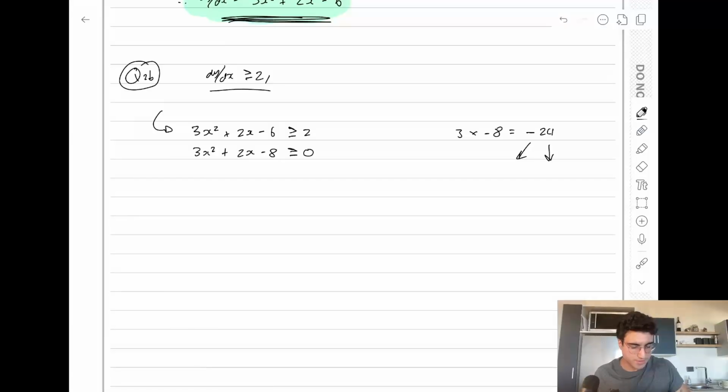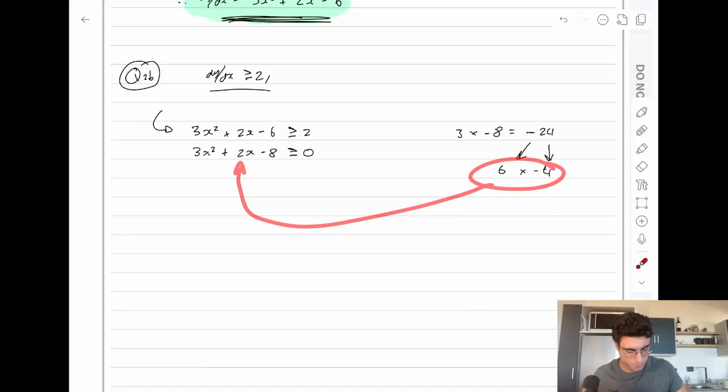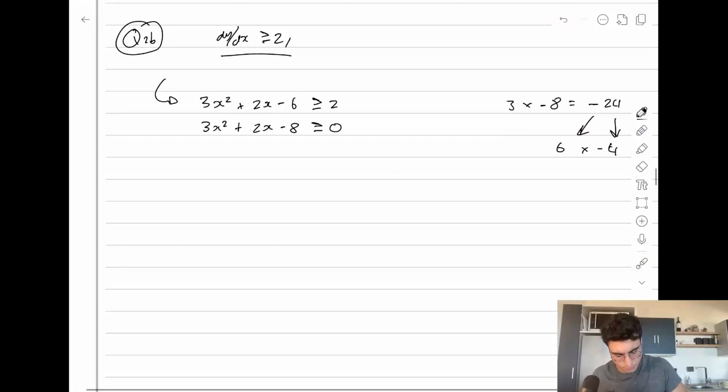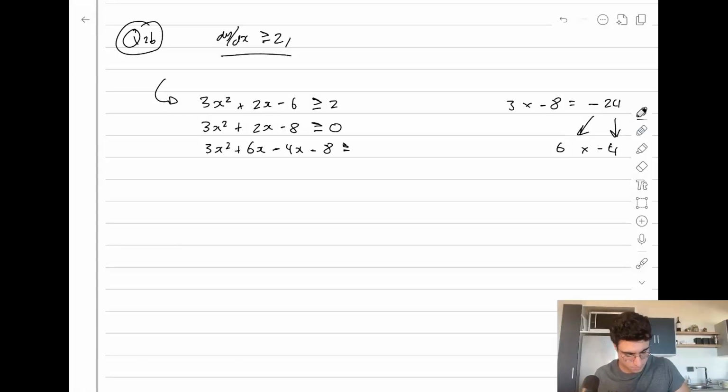Because then we can break that negative 24 into 6 times a negative 4, which also sums to give us 2. So as a result, we get 3x squared plus 6x minus 4x minus 8 must be greater than or equal to 0.